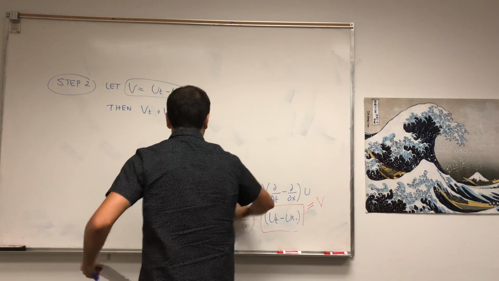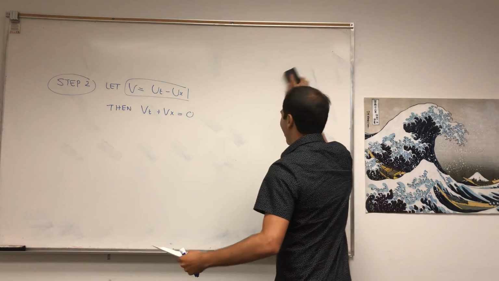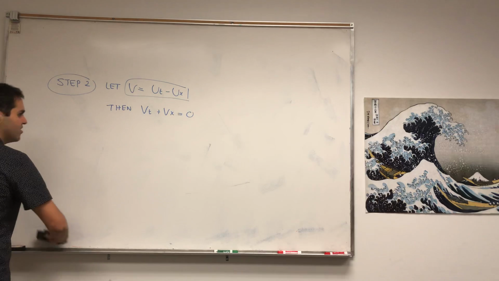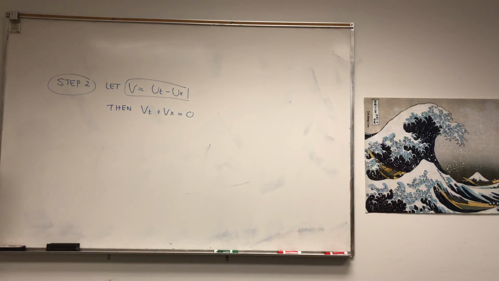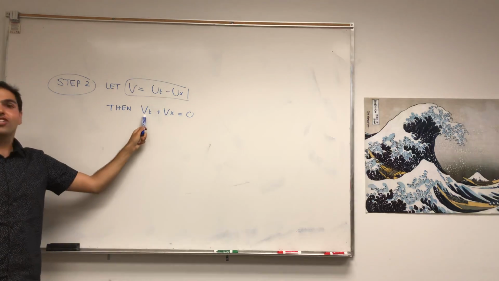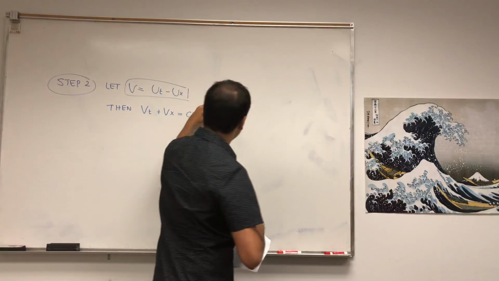And you might say, okay, this is all good, but all you did was define new terms. How does that actually solve our problem? Well, interestingly, notice our new function solves a much simpler differential equation called the transport equation.